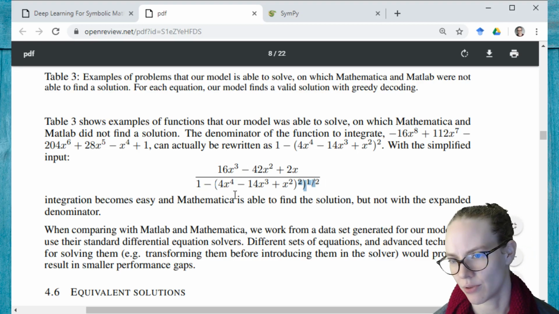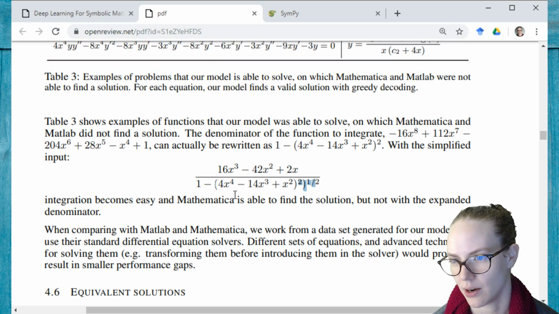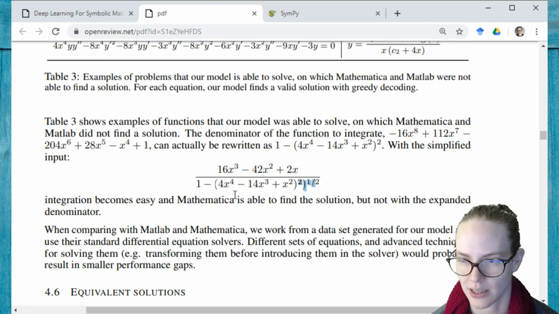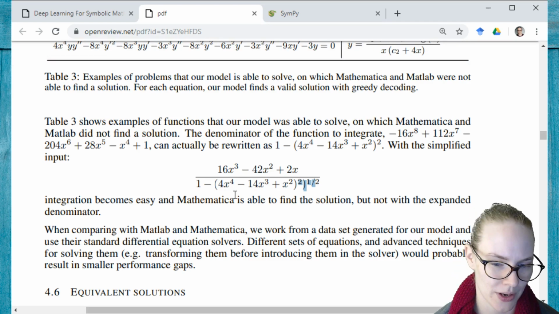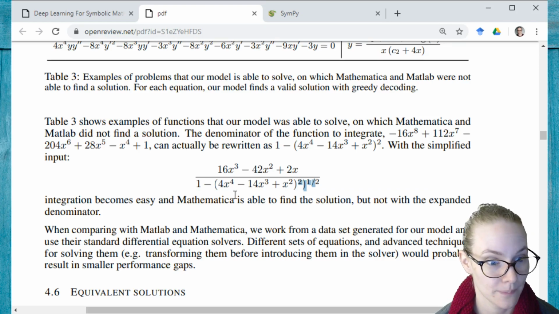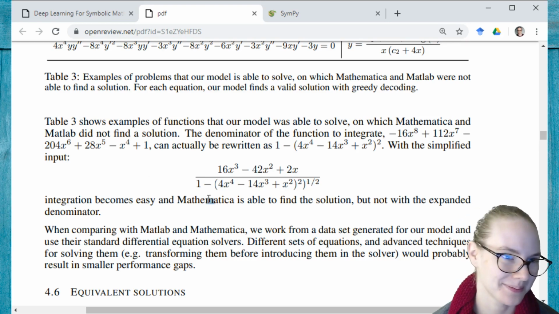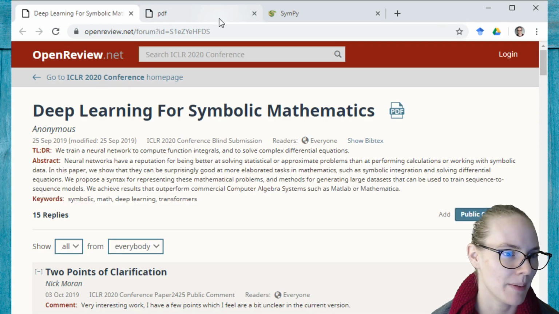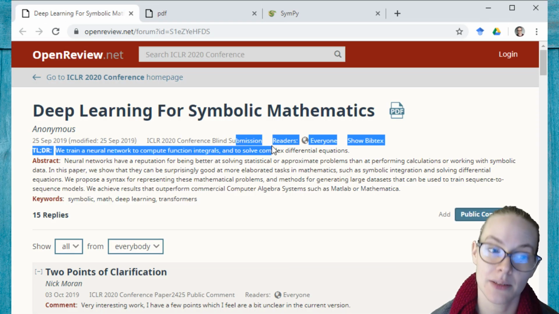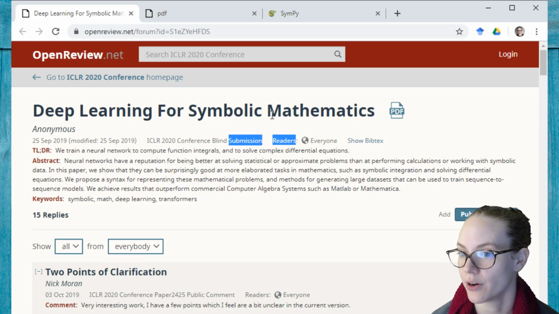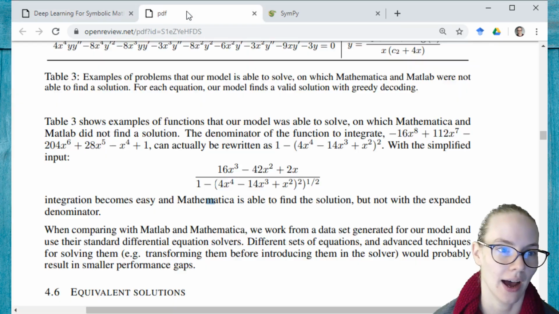I'm assuming that they've written this in LaTeX and then it's been compiled, and LaTeX equations, especially big ones, are pretty hard to read. So I'm guessing that they made a whoopsie. And this is, as I remember, a submission, so presumably the reviewers would pick that up, and if it gets published, that will be corrected.